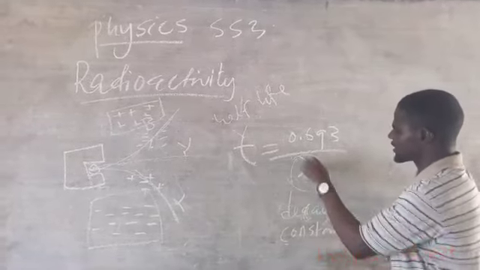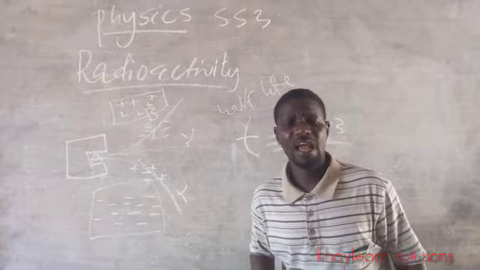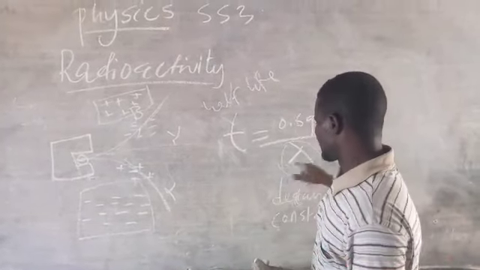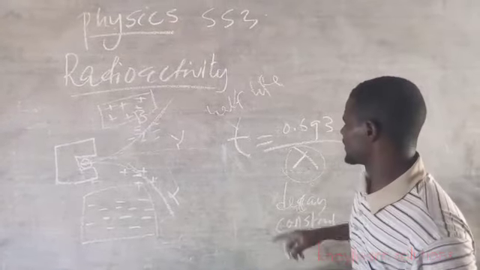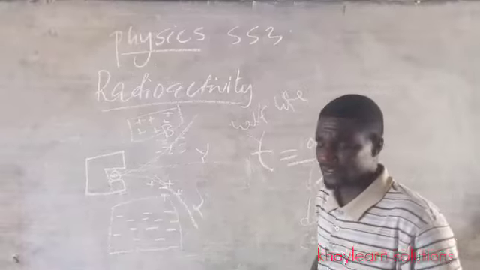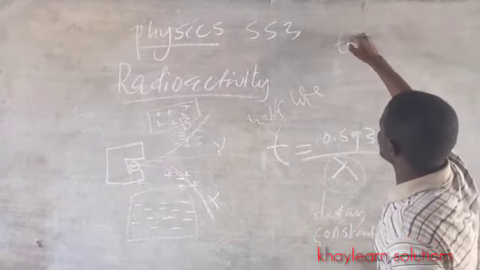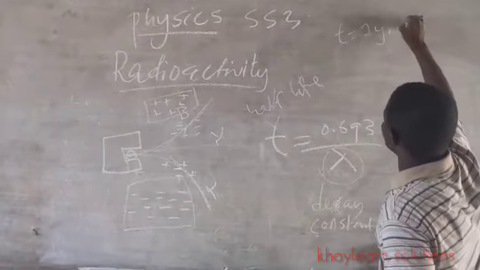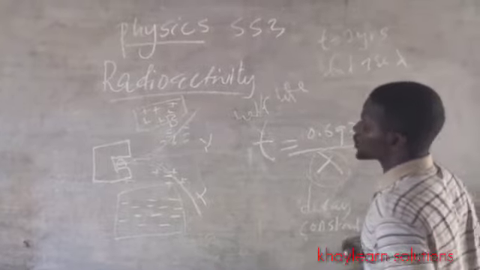The decay constant is usually given in every question, and then you are asked to find T. Or sometimes they'll ask you to find the decay constant while the half-life is given. For example, the half-life of thorium T is 2 years. Find the decay constant of the thorium.